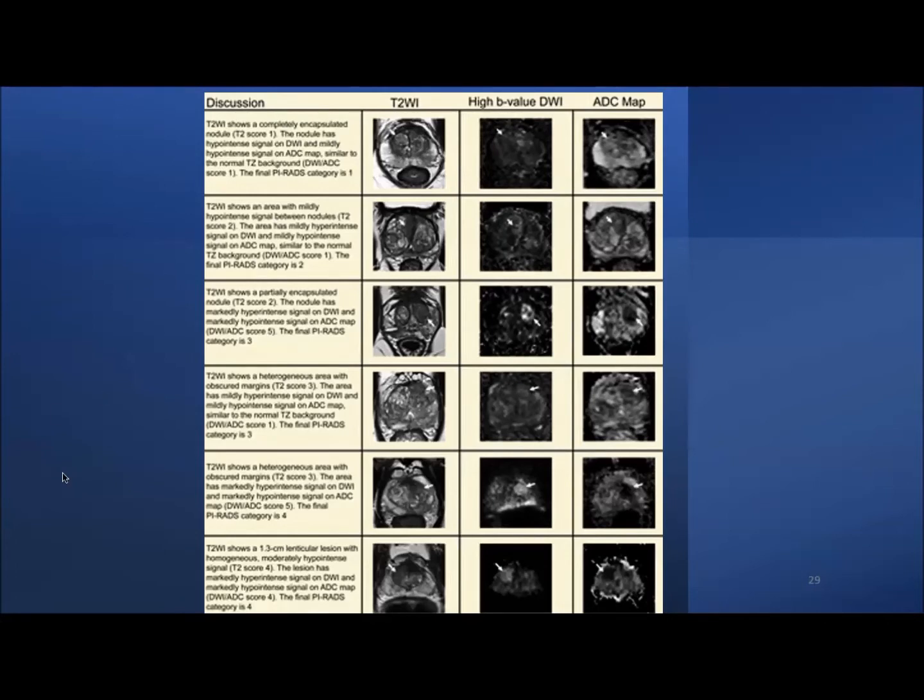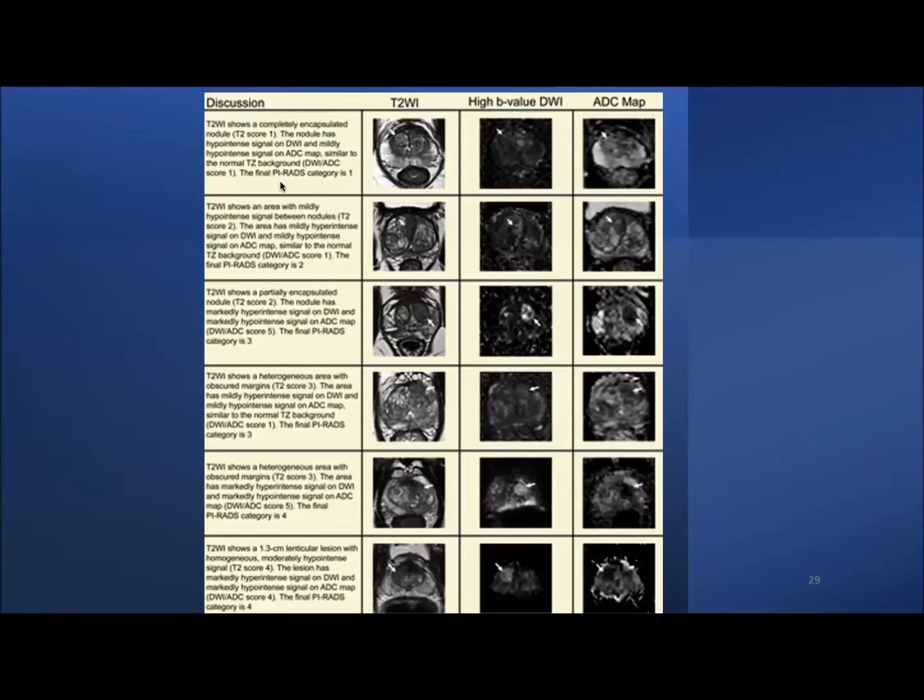If the shape is linear or wedge shape, even though it is hypointense but not very hypointense on ADC or DWI, then still the score is 2, because the shape is equally important for the lesions. If it is wedge shape or linear, then the index of suspicion should not be very high, and the score is 2.